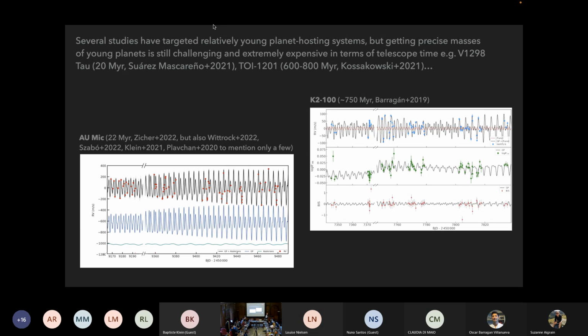But it's extremely expensive, and I have this as a question later in the discussion: how do we convince the rest of the community, or when we apply for time with ESO, for instance, how do we justify spending so much time on one star, to get maybe an upper mass limit or mass for 1 or 2 planets in the system. So it's extremely expensive, and this is what we're going to try to discuss today, how to get better at it.